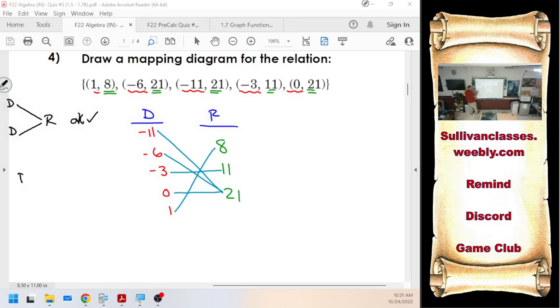The problem is when I have a domain go to multiple ranges. Now I press the Coke button, it gave me a Coke. I press the Coke button, it gave me Crush. The like knockoff orange soda. Okay. This, bad. That is not a function.